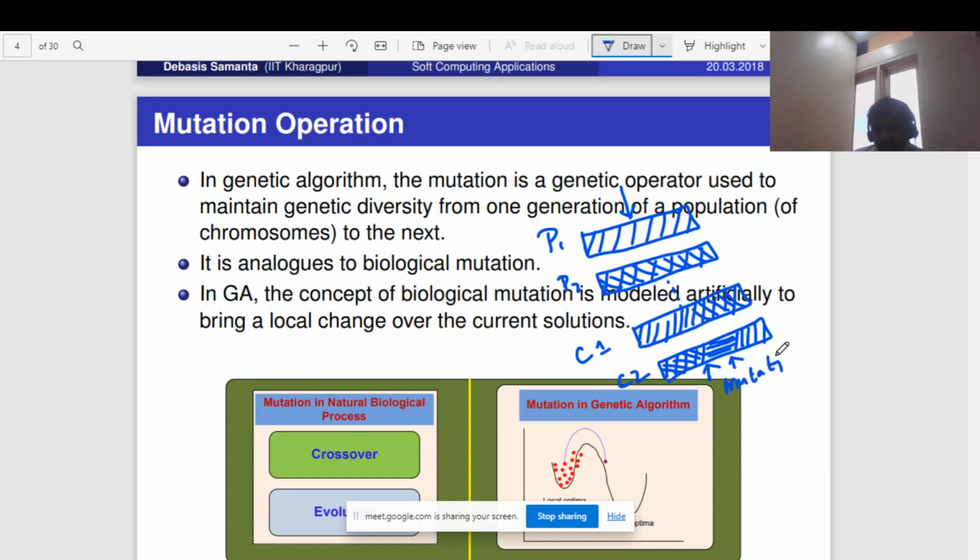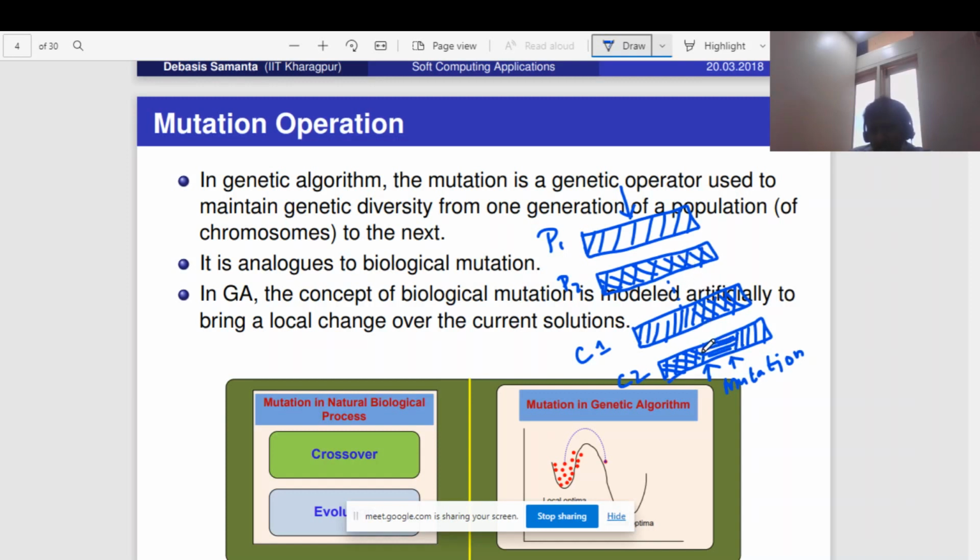This actually happens in genetics also. Why this damage happens may be for any reason, maybe based on the physical health of the parent, or whatever the reason. So mutation generally means a change in the chromosome which is getting inherited from the parent.